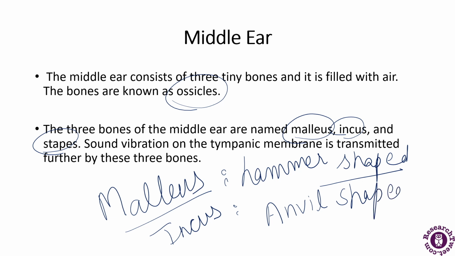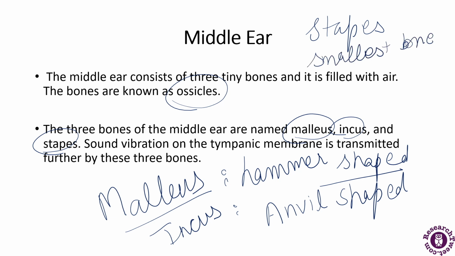It is an anvil shaped bone which is present between the malleus and the stapes. And last is the stapes. It is one of the smallest bones, which is attached to the oval window of the cochlea.